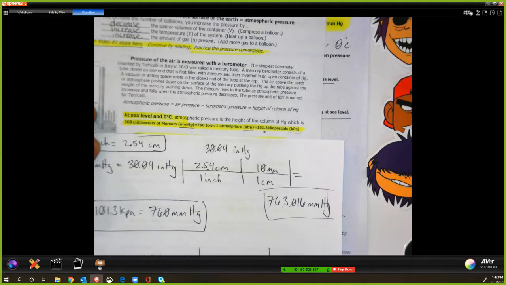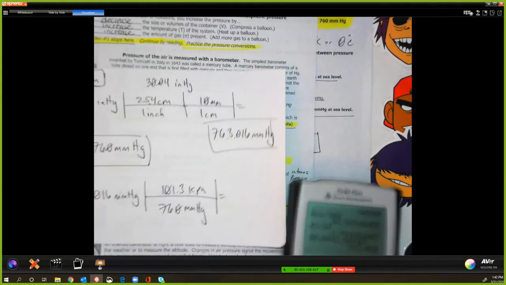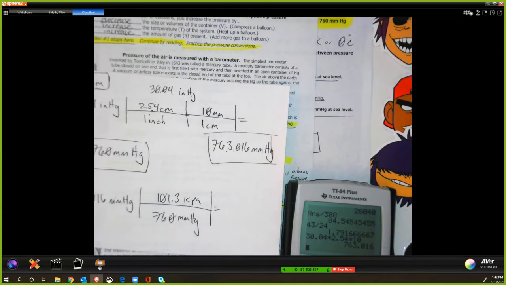And then I'm going to use this conversion factor to get in kilopascals. So if I have millimeters of mercury here, I put that on the bottom. And then I put kilopascals, 101.3 kilopascals, and that's 760. So I multiply this by this, divided by 760. That should give me how many kilopascals in pressure we have.